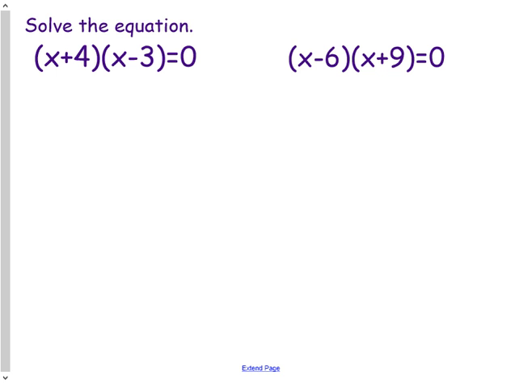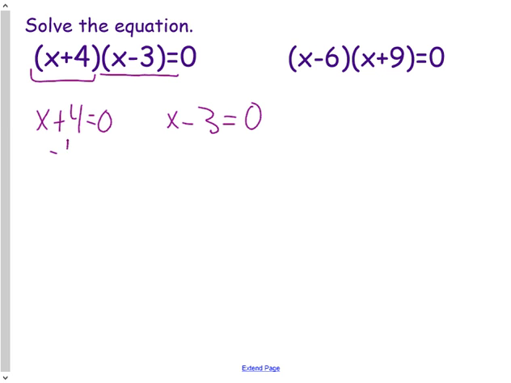So we're going to do a bunch more of these, and then we'll move on to some that have 3 variables. First, solving x plus 4 times x minus 3 is 0. Again, x plus 4 equals 0, and we'll solve, and then x minus 3 equals 0 and solve. Some of you may realize there's a little bit of a pattern here.